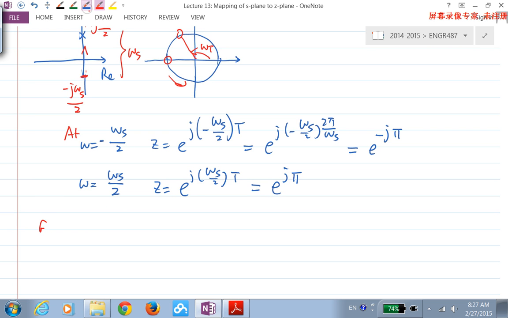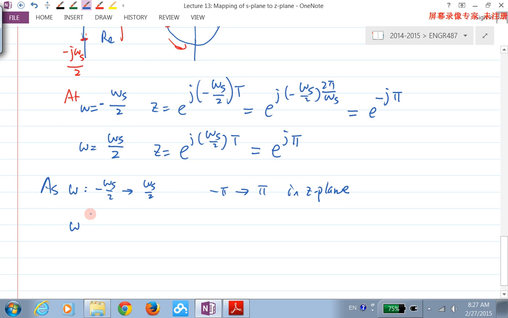I can summarize: as omega changes from negative omega s over 2 to omega s over 2, z changes from negative pi to pi.